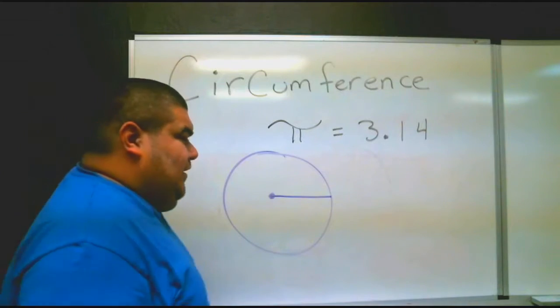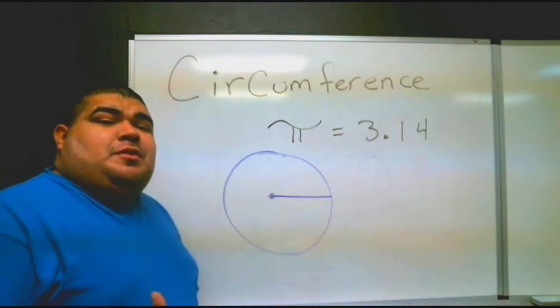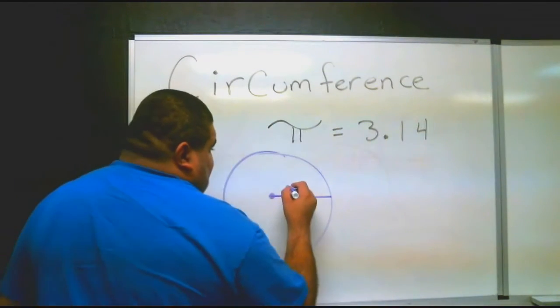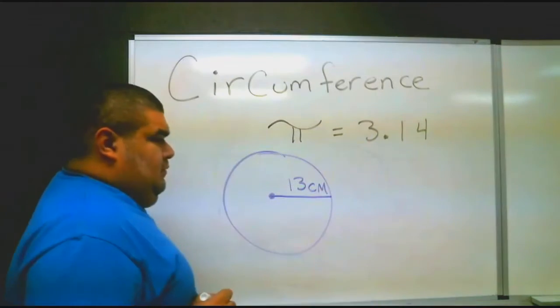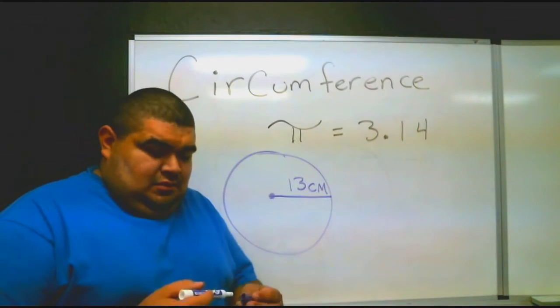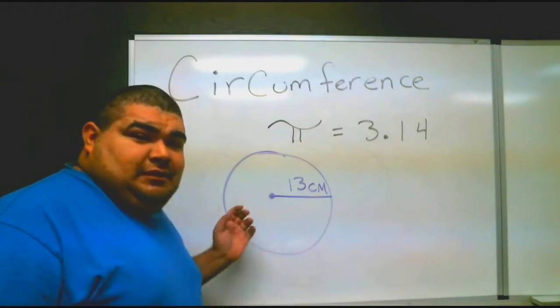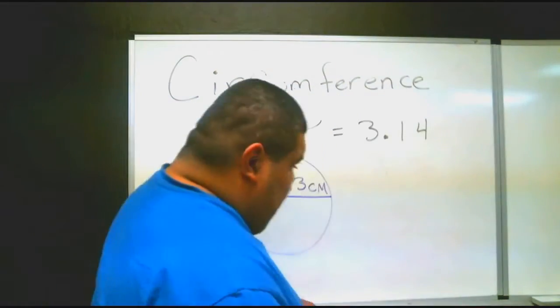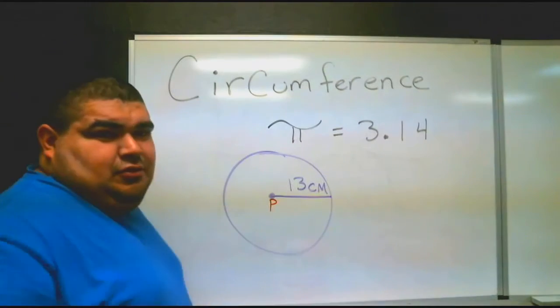The radius, right? Now that we have this radius, we're going to put a measurement on it. The measurement for this radius is 13 centimeters. We want to find the circumference of this circle. We're going to call it circle P. Okay? So circle P.